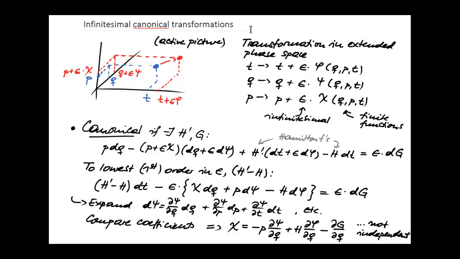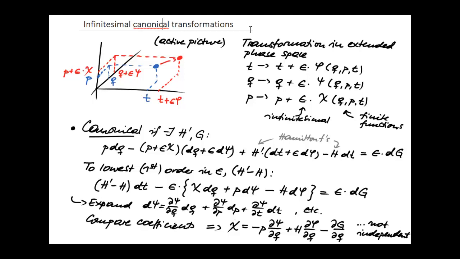And then you might remember that earlier we had said we can expand the d psi and the d phi as linear combinations of dq, dp, and dt. By comparing the coefficients in front of the dq's, we had already obtained an equation for chi.